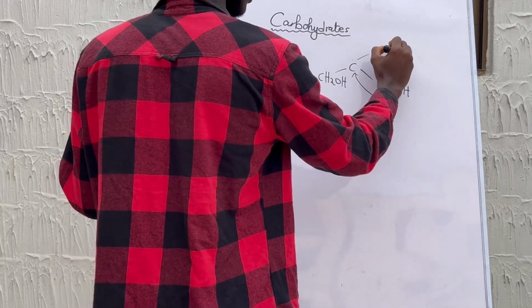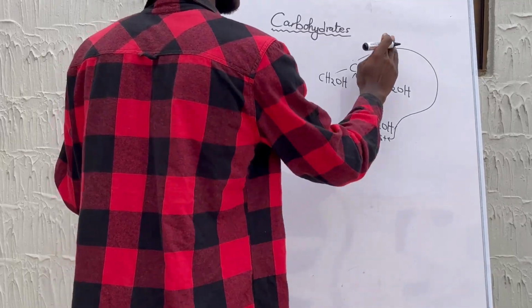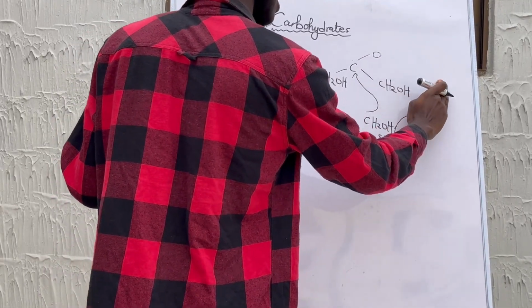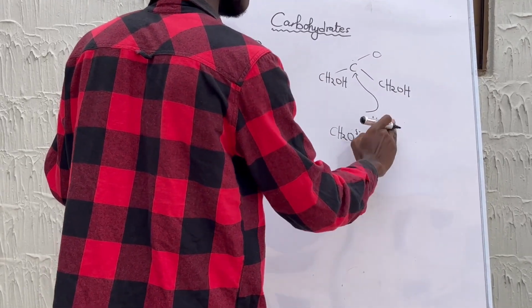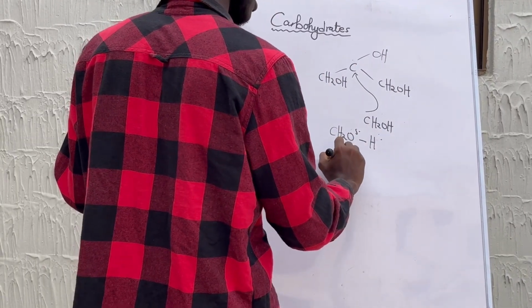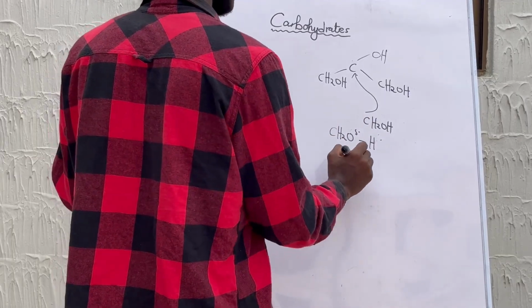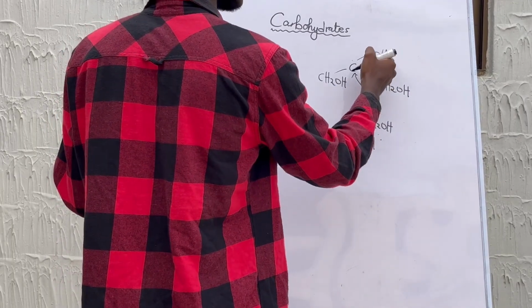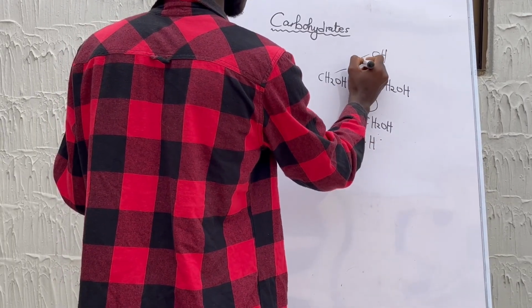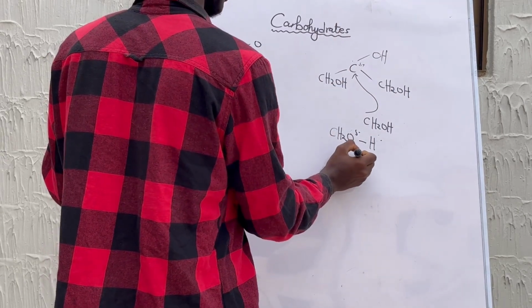Now this negative charge will then come and attack our hydrogen here. I don't want to really show you the mechanism because I've made a video about it on my YouTube channel. So now we'll be left with our CH2O minus, which is partially negative. And here, because this OH group has come to attack, we are going to have a partially positive, not a carbocation.